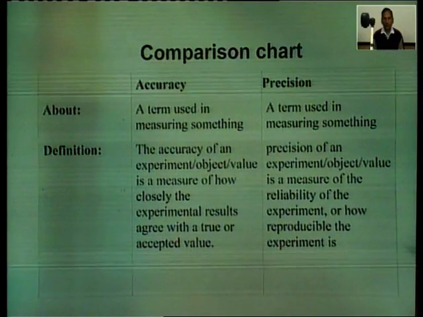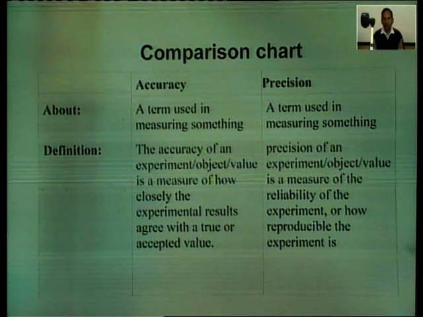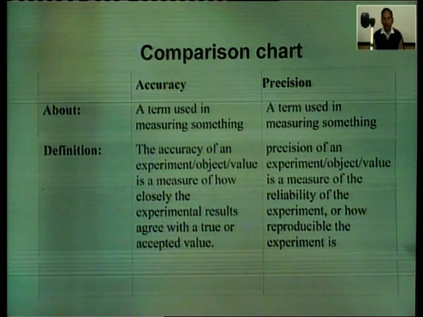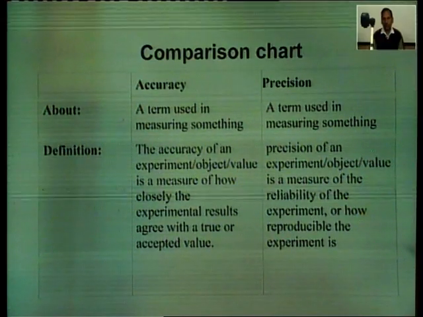Similarly, precision of an experiment's value is a measure of the reliability of the experiment, or how reproducible the experiment is.